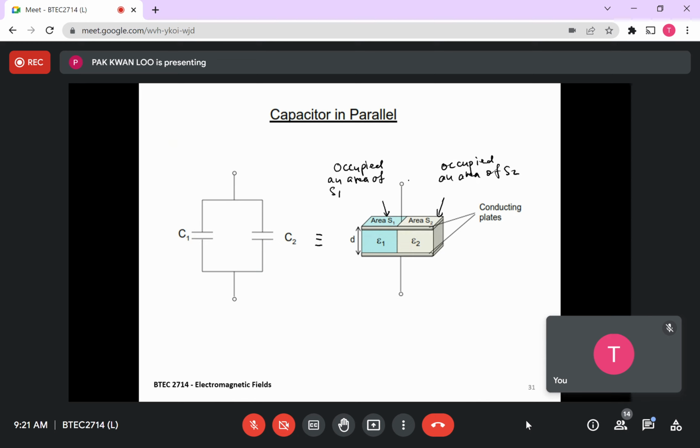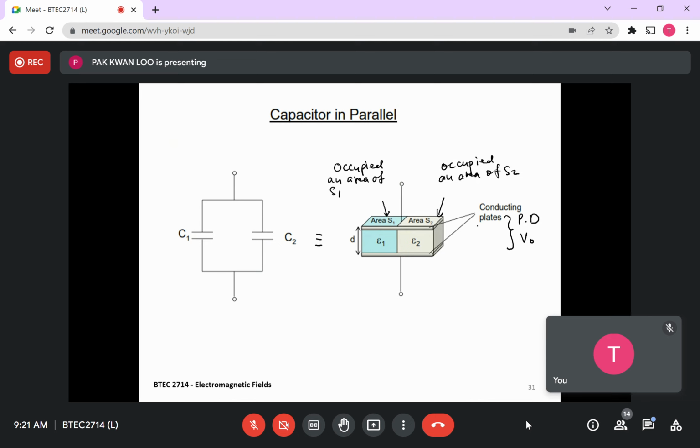Okay, similarly we apply V naught, which means the potential difference between the two plates is V naught.